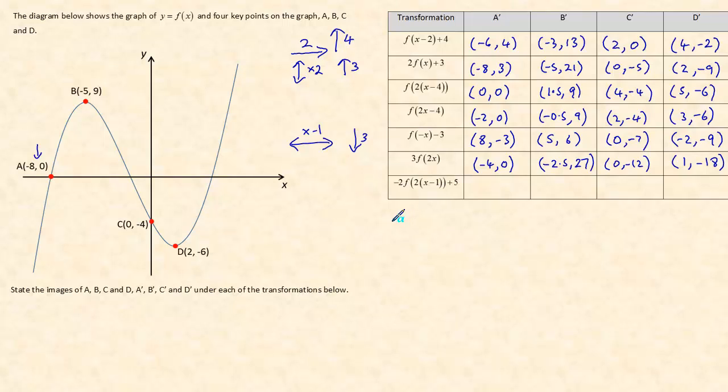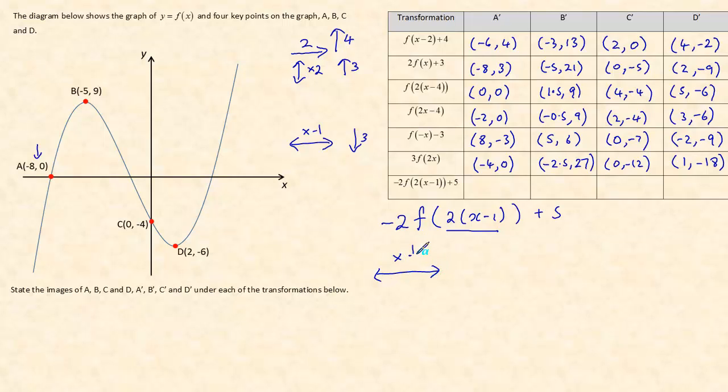Now this last one has a bit of everything going on. So we've got -2f of 2x minus 1 add 5. So the stuff inside here is going to affect the x coordinates, and notice that we do have it in the factorized form, so that's great.